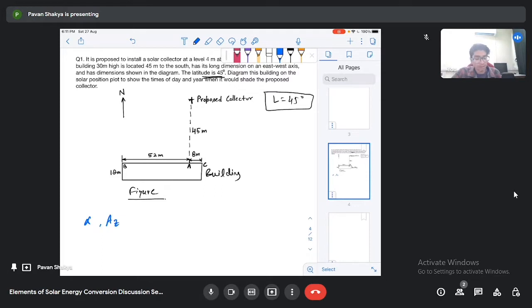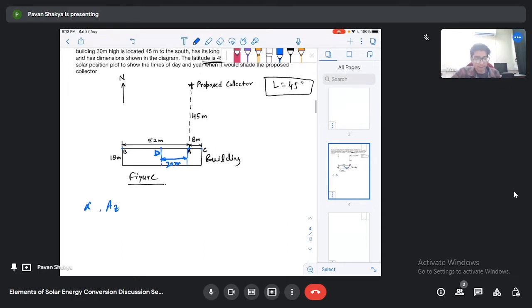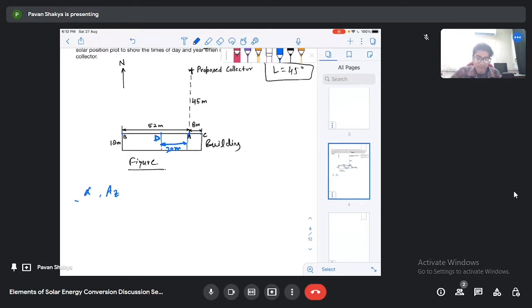Let me take point A, C at the rightmost position, B at the leftmost position. Let me take one more point, D, and this point is 20 meter. I can take any number of points as per my choice. Why I am taking one more point D, I will show you through the figure.